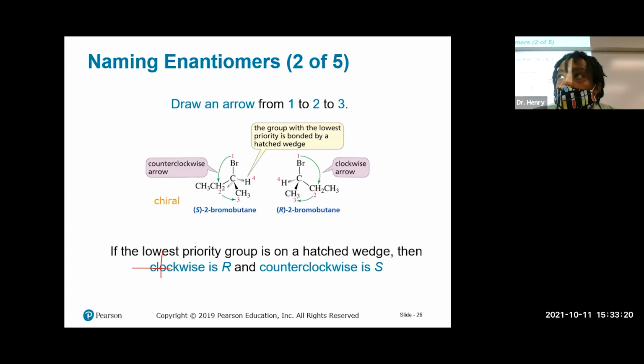If we're going counterclockwise, that's going to be S. If we're going clockwise, that's going to be R. I also like looking at it as going towards the right, R. S also stands for sinister, left. So clockwise to the right is R, counterclockwise to the left is S.